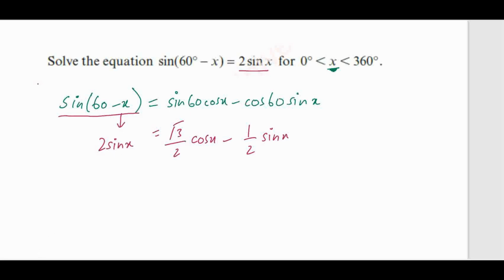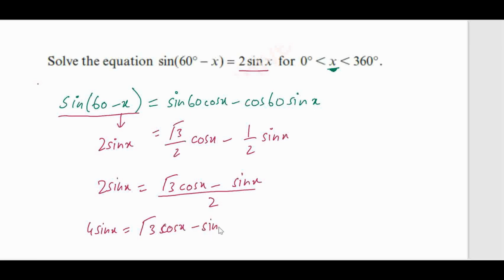Now if you further simplify it, the process is the same as you solved in Paper 1. So this will become 2 sine of x is equal to square root of 3 cos of x minus sine of x. Denominators are coming under both, so cross multiply: 4 sine of x is equal to square root of 3 cos of x minus sine of x.